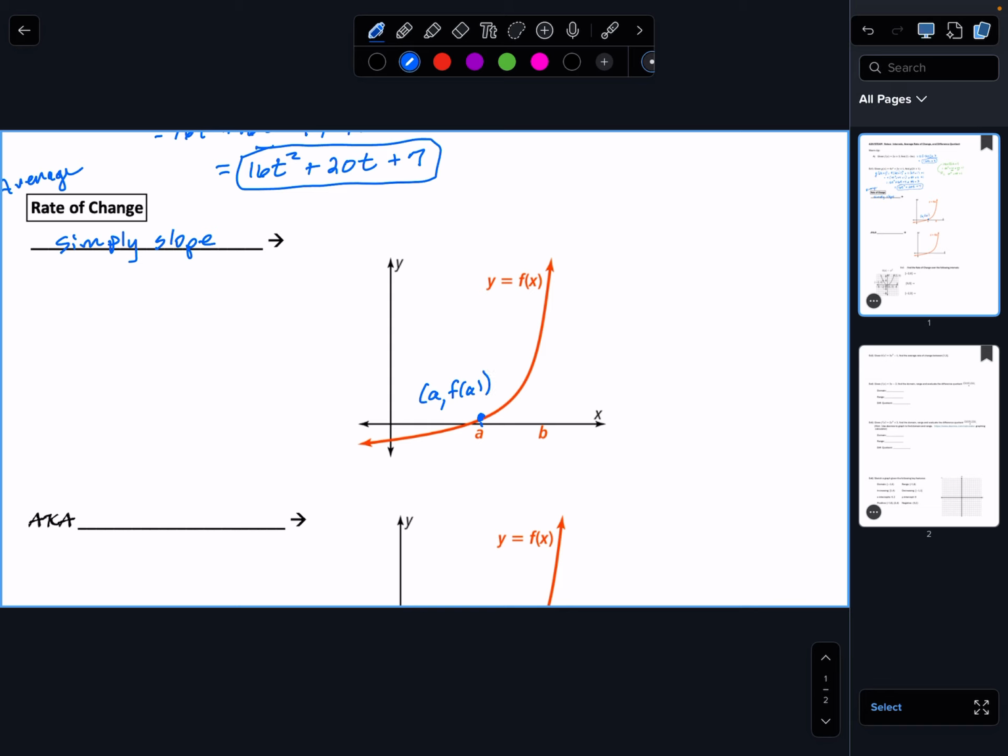It's not a nice 2, 3 or 5, 7. But that's what we need for a general average change here. So that's the starting point, and then we're going to end when x is b. And so the x-coordinate is b, and then you need to plug that into the function to get the y-coordinate.